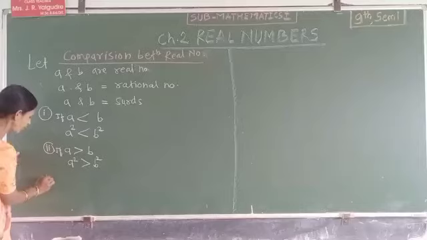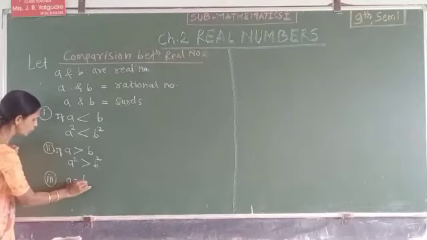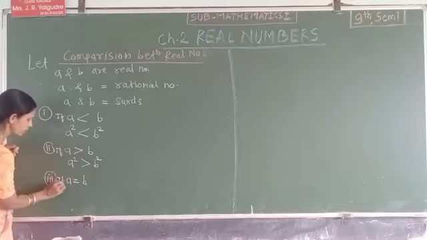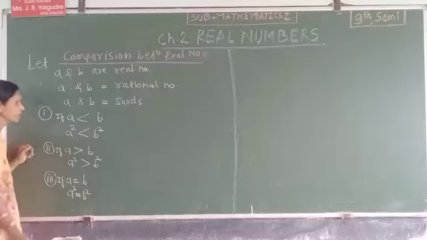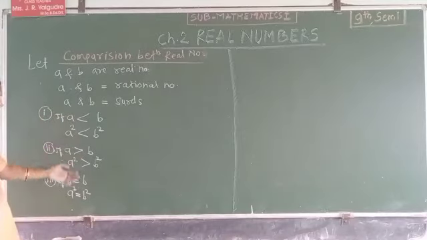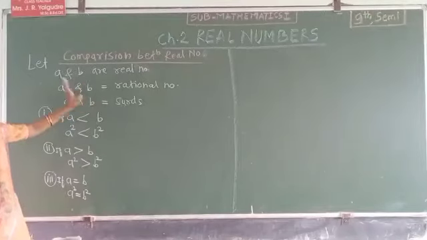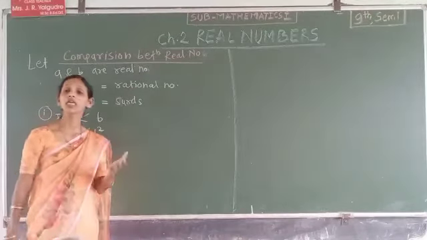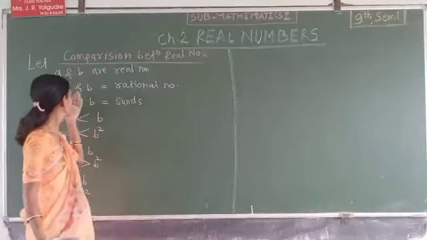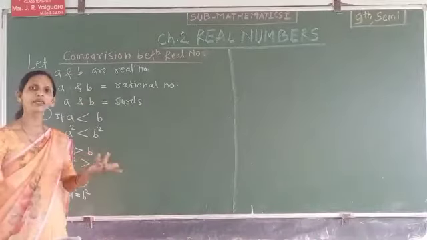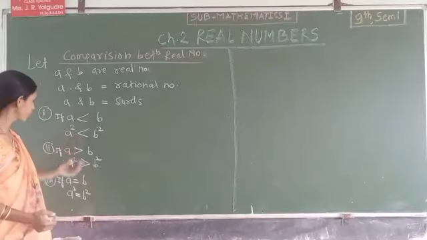The third possibility is that A is equal to B, then A square is equal to B square. These three possibilities lie between A and B if they are any real numbers.